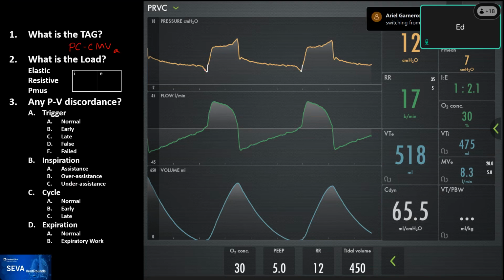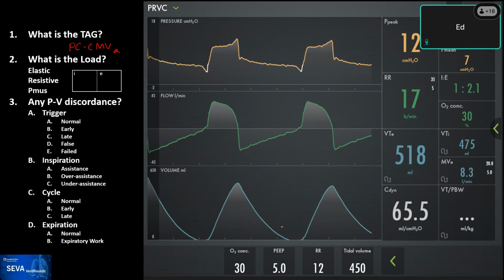And now I would make it evident for you that the patient is now on pressure control. We're controlling the pressure. They are all mandatory breaths, but this is an adaptive mode. So you still set the tidal volume, in this case 450, and the machine will move the pressure up or down to achieve the tidal volume.